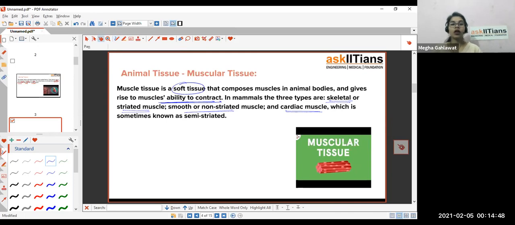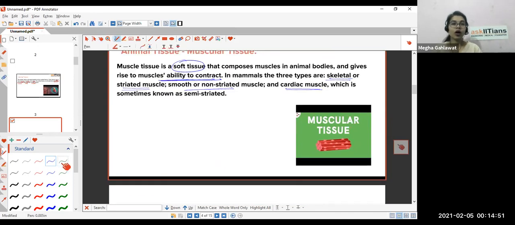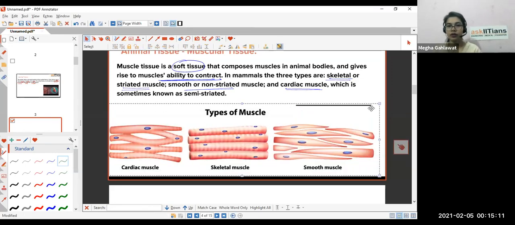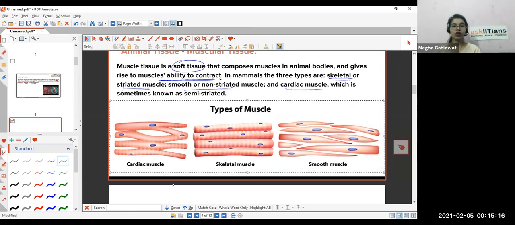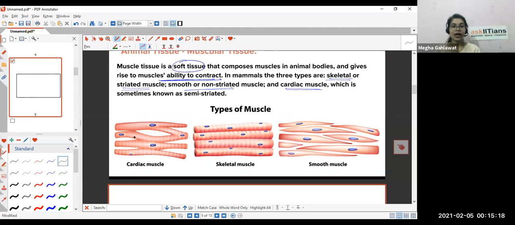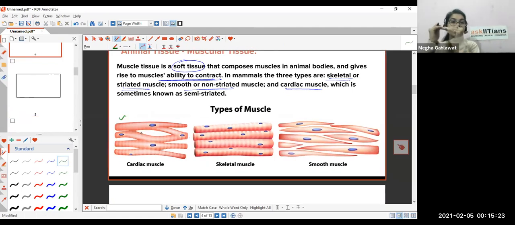Okay, now see, first of all, we'll be discussing how exactly there is a difference in the shape of all these three muscles, and then we'll be moving forward to how they function and wherever these are present. So giving you the diagram, we have this right here. All right. So what do you see here? You see the cardiac muscles and how they are attached with each other.